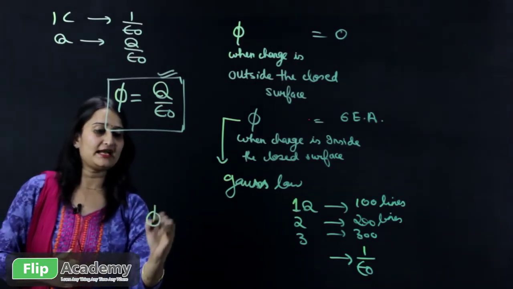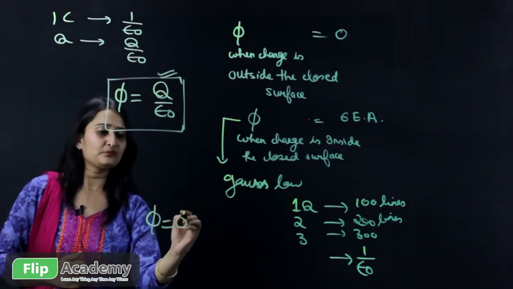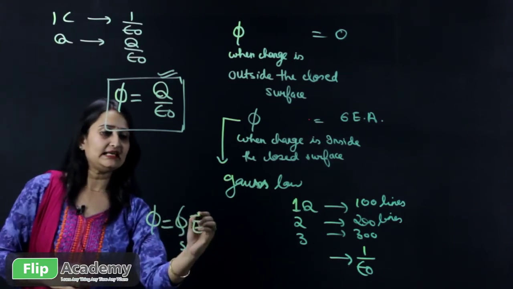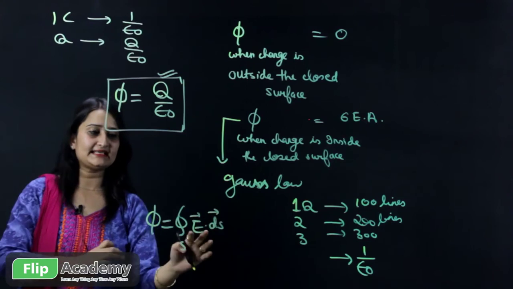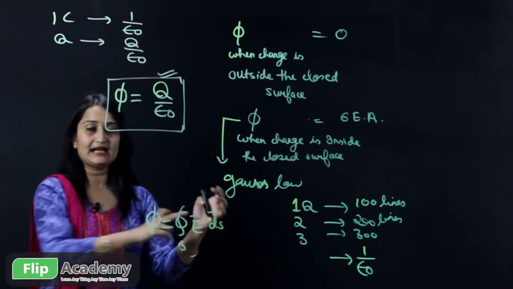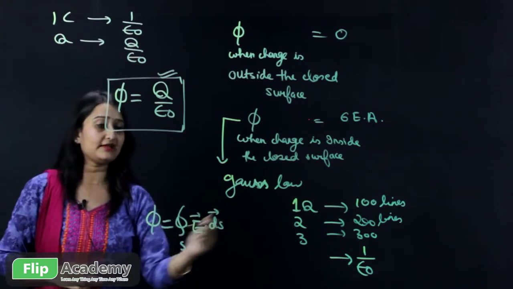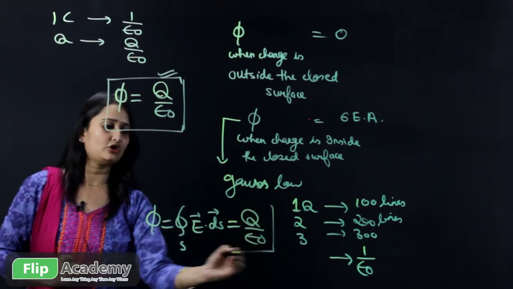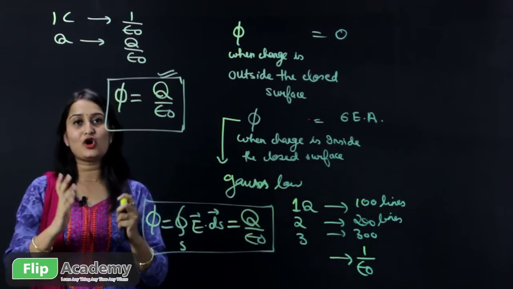It is also written as flux equals the closed surface integral of E dot dS, this is the integration of the electric field intensity and dS over the closed surface. This also equals Q upon epsilon naught. So this is all about the Gauss theorem.